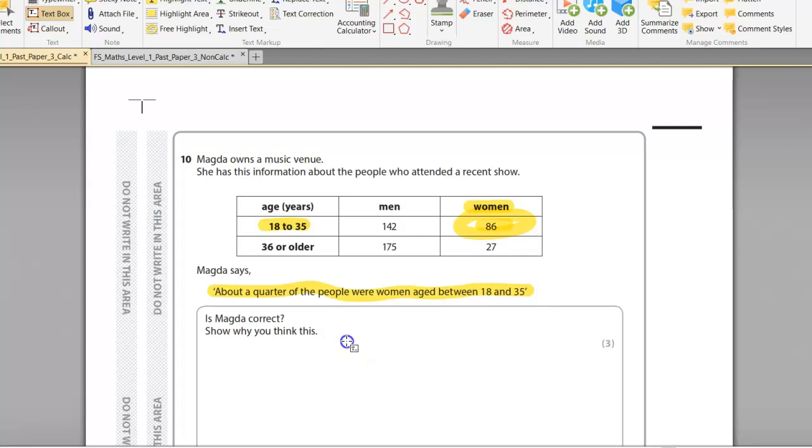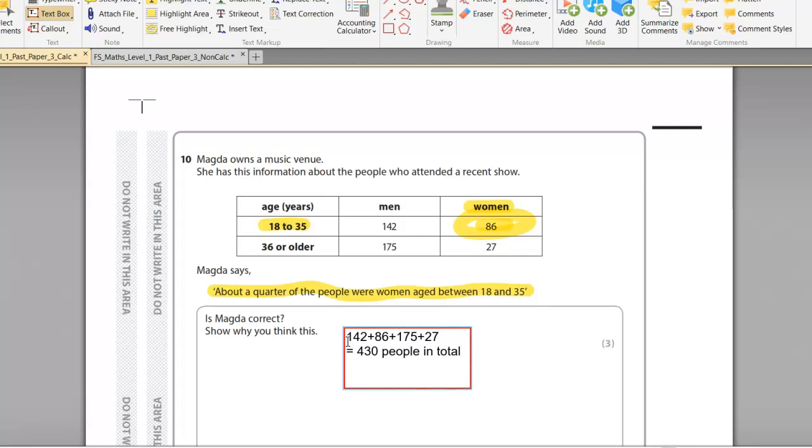Now, how do we know whether that's a quarter or not? Well, the only way we're going to know is if we add all the numbers together to find out how many people there were in total. So if we add all those numbers together, we find that there were a total of 430 people.